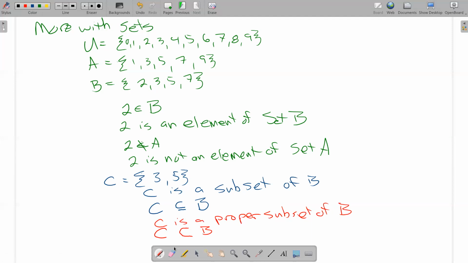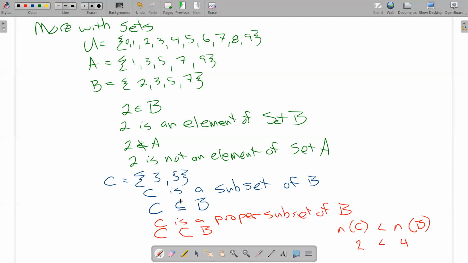That's kind of like less than. So I could say the number of elements in C is less than the number of elements in set B, right? C has 2 elements in it. 2 is definitely less than the 4, which are in B.